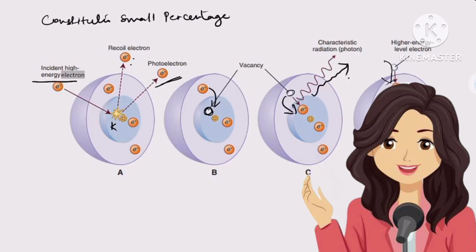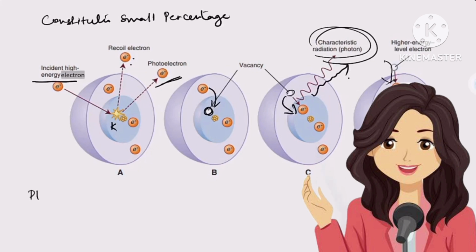Now why is this called characteristic radiation? Because the energies of these characteristic photons differ, or they are discrete, because they represent different energy shells, different energy levels in the specific orbitals. All right. So the emitted photon energy will be equal to the difference in binding energy of the two electrons. Binding energy we discussed initially.